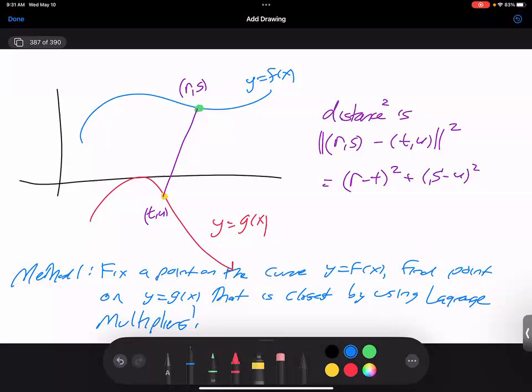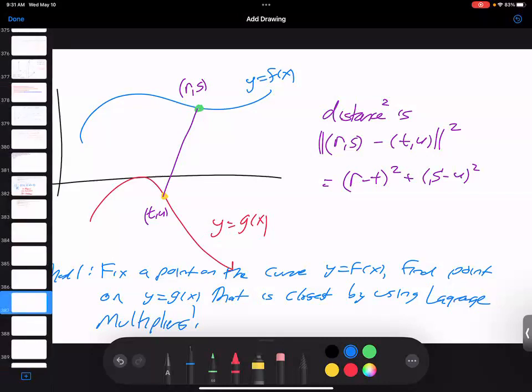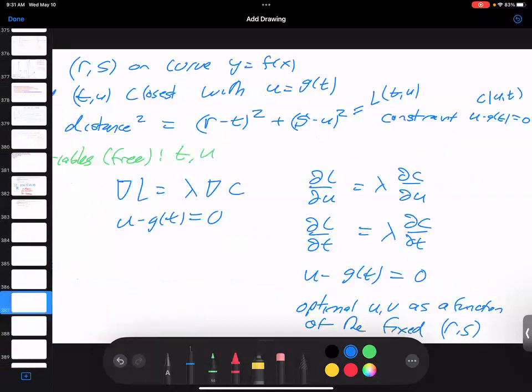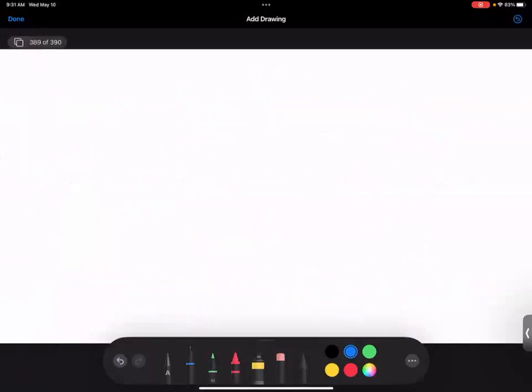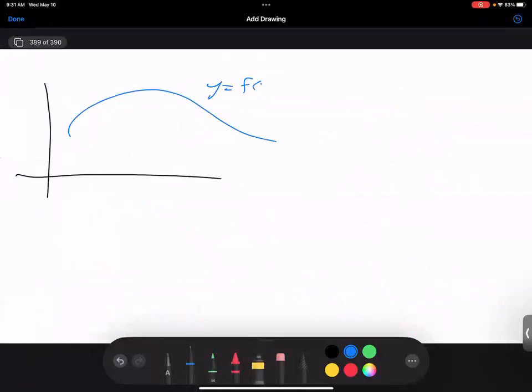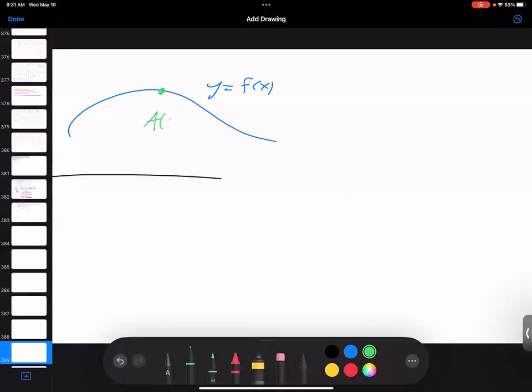So I would just do Lagrange multipliers again. I can view this as 2 Lagrange multipliers. What I can do now is, for each point on the blue curve, y equals f of x, I can associate a number. I will call it capital A of RS.